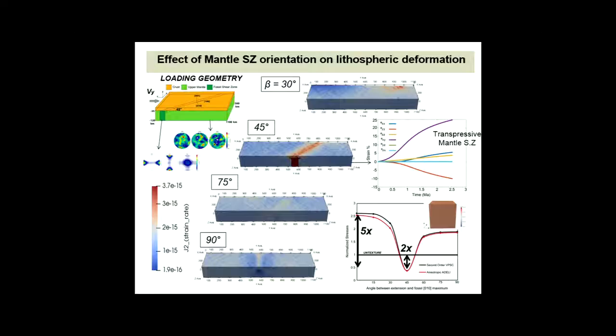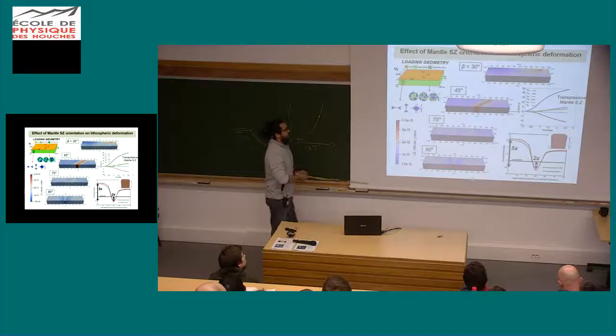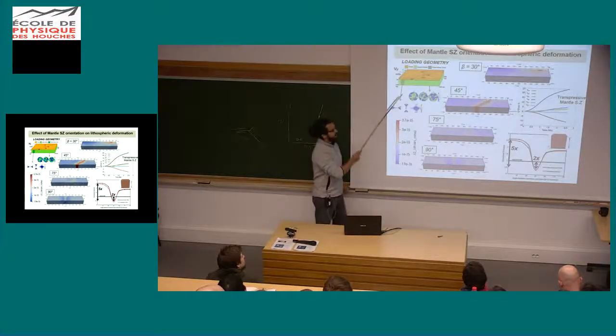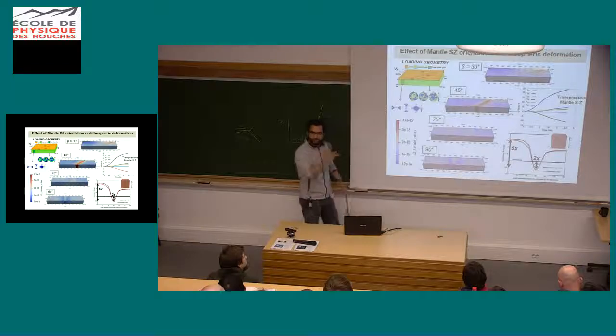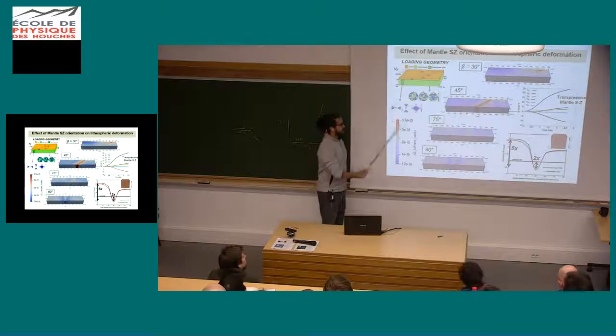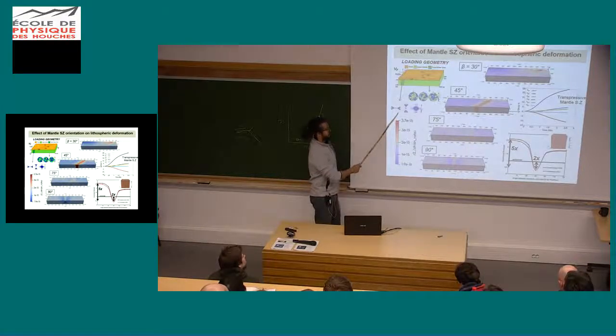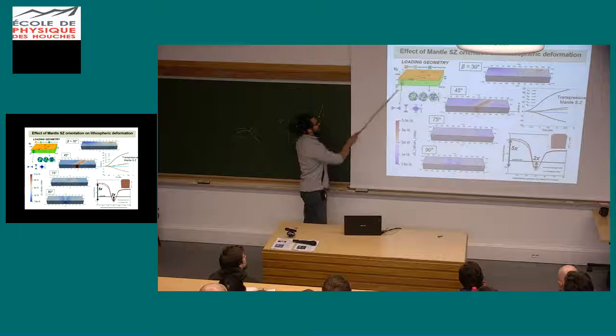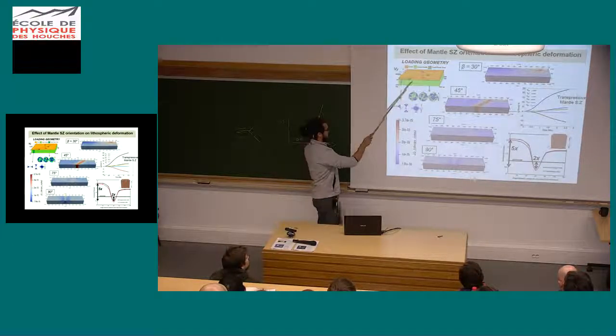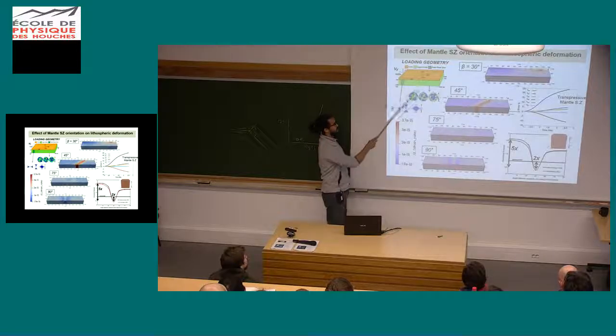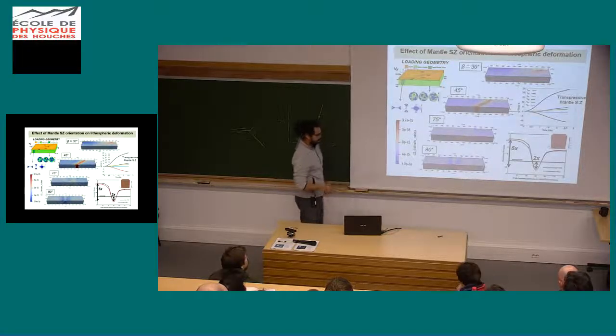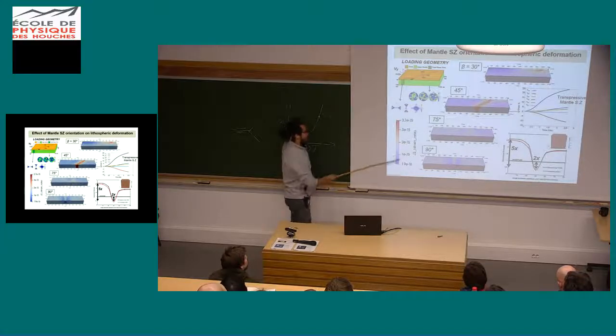So, the results now. First of all, I test the effect of the mantle shear zone orientation. I keep the texture that I showed before, a quite strong texture. Here the J index is 12. It's 100 parallel to the strike of the fossil shear zone, and isotropic in the surrounding mantle.